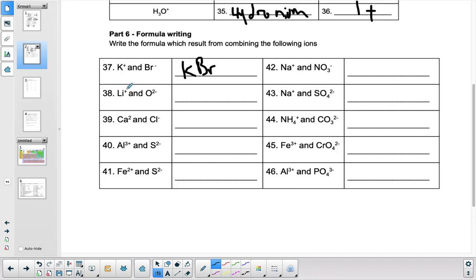To get this positive 1 to match the -2, we need to add a second lithium atom. When you look at it this way, we have lithium 2, so when we have 2 lithium, that's going to be 2 times the positive 1 charge, which will then make this overall atom a positive 2 charge. So we would have Li2O.